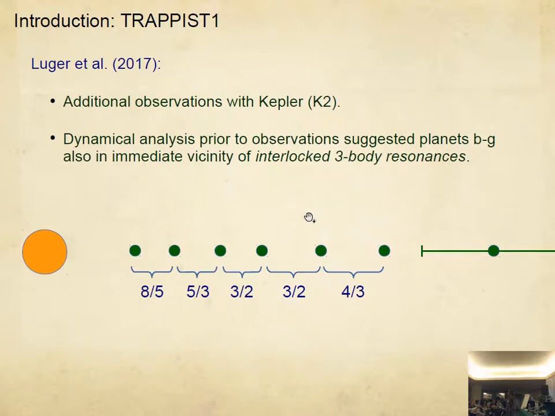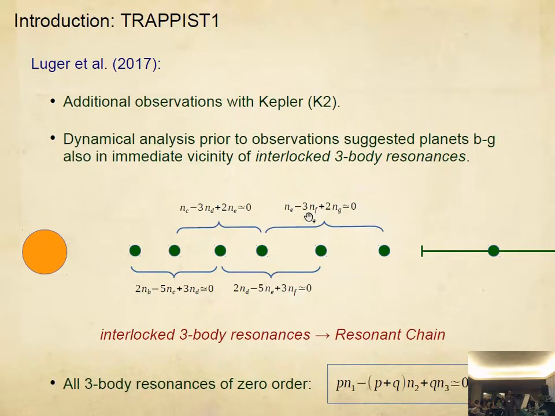Then came Luger et al. A bit later, just a few months ago, they did additional observations with Kepler, but before analyzing this data, they did something which was very interesting. They said, okay, we have this system which is locked in 2-body resonances, but you can also write this in another way, saying that it is actually locked in 3-body resonances.